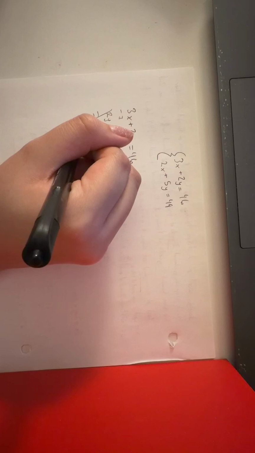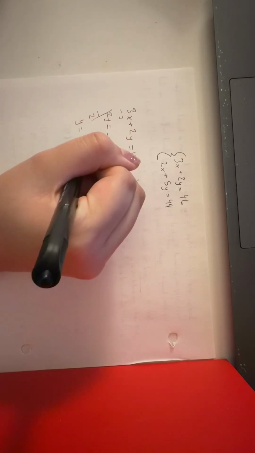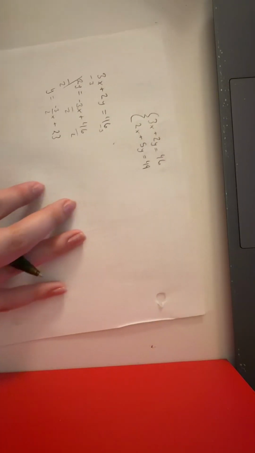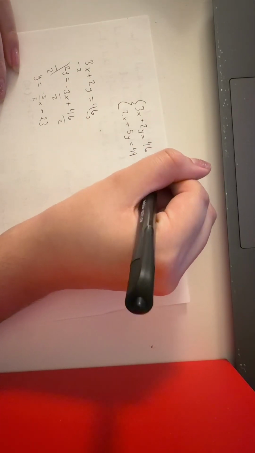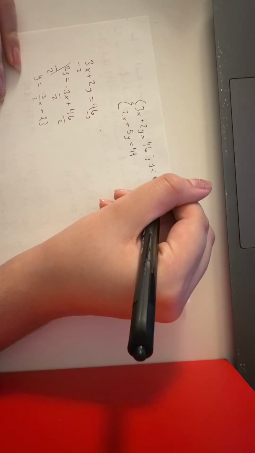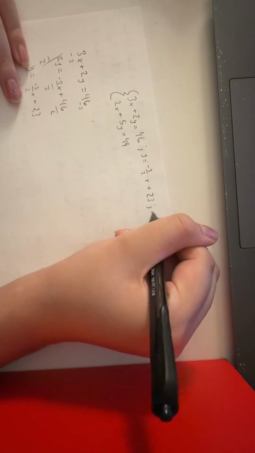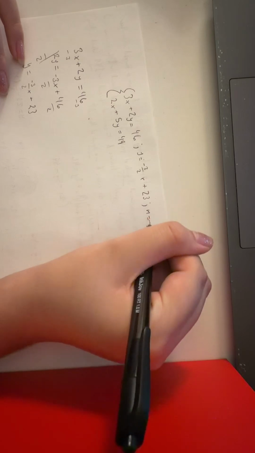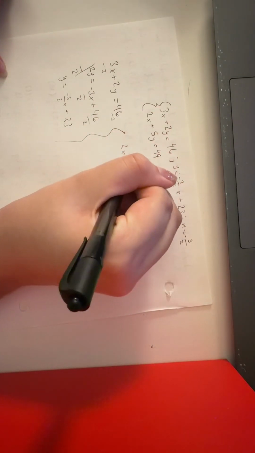And then y equals negative 3 halves x plus 23. This is going to be our y-intercept for this equation, 23, and our slope is going to be negative 3 halves.